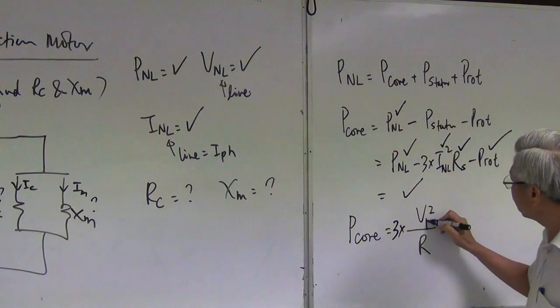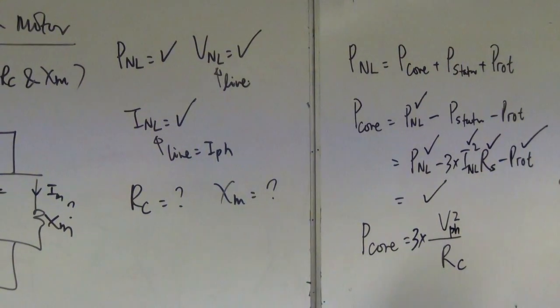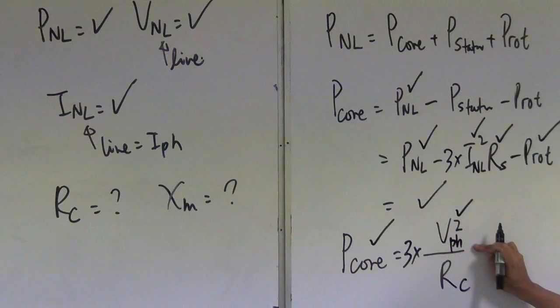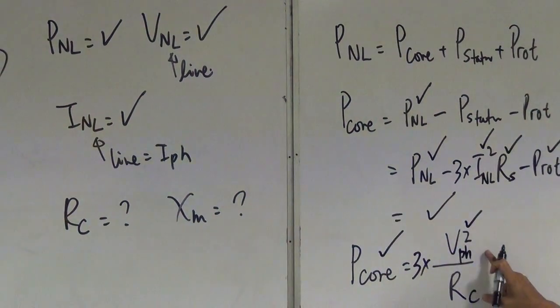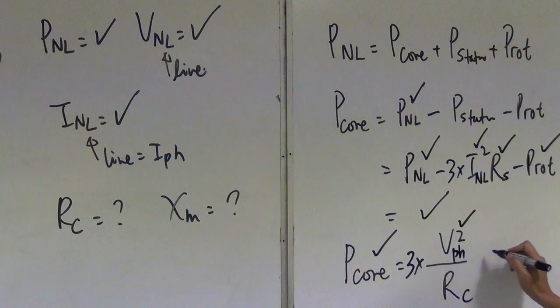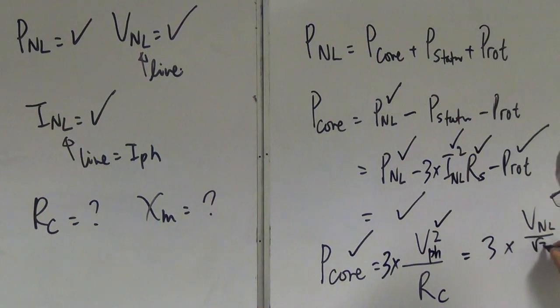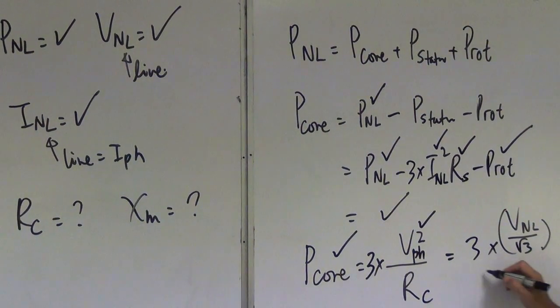So the core loss power is 3 times VPH square divided by my RC, right? So core loss power I know already. Voltage I also know. Voltage is equal to my voltmeter's reading, the no-load voltage, divided by square root 3, right? So that is equal to 3 multiplied by the no-load voltage divided by square root 3, squared, divided by my RC.